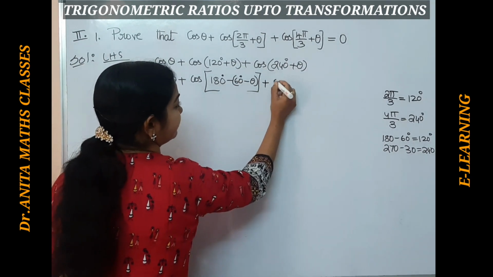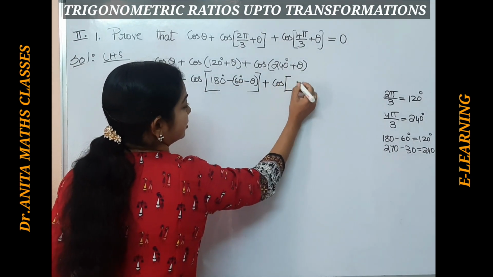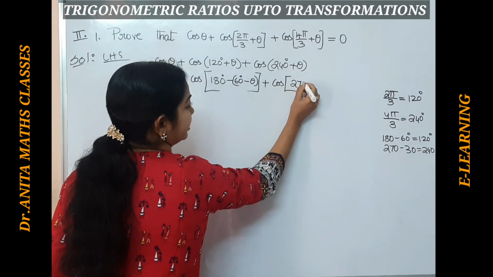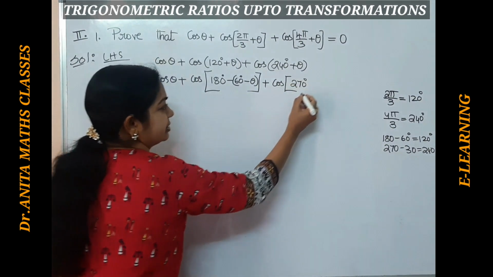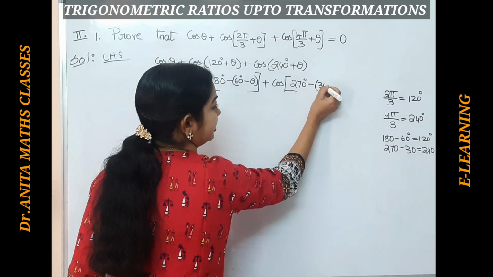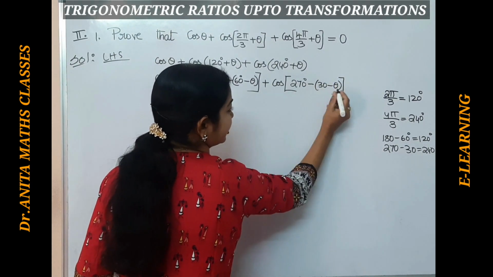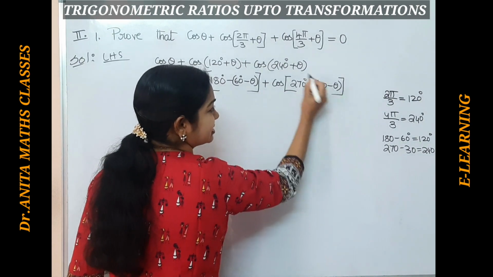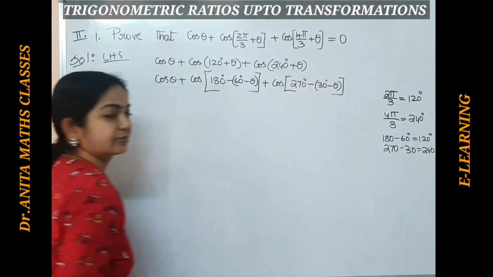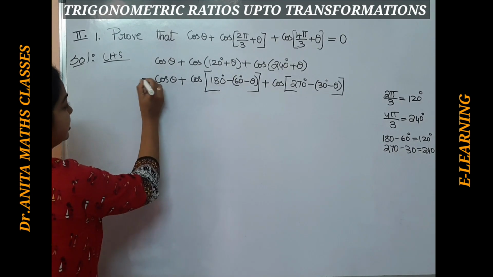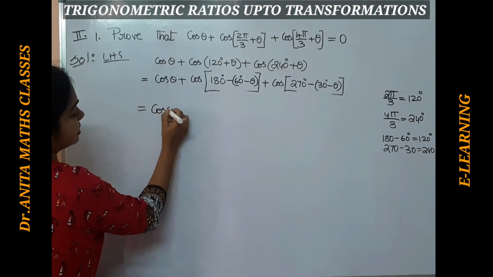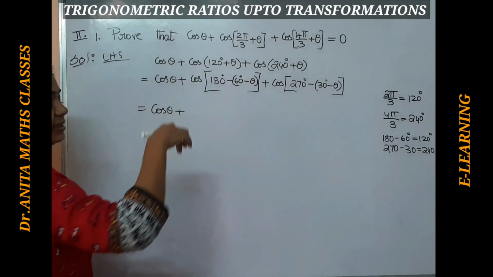In a similar way we will write here. So this becomes 270 minus 30, isn't it? So minus 30 minus theta, if I am placing it into the bracket. So if you expand, 270 minus 30 plus theta. So let us find this: cos theta plus, 180 minus theta.